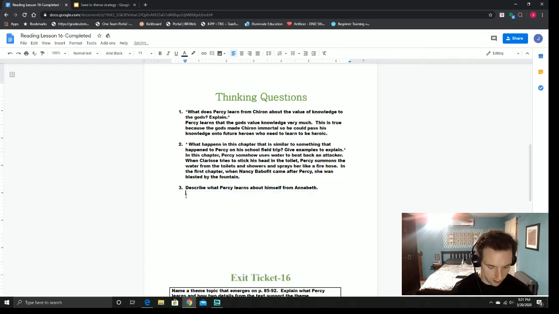Percy learns two things. He learns that he is a half-blood.